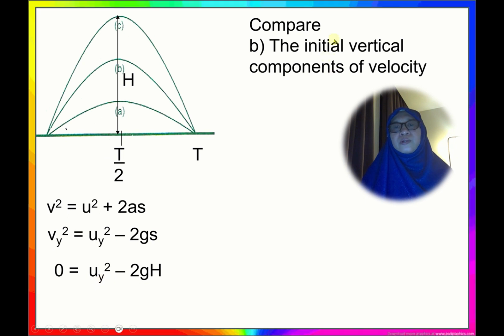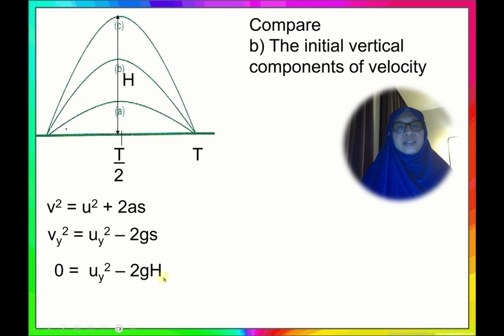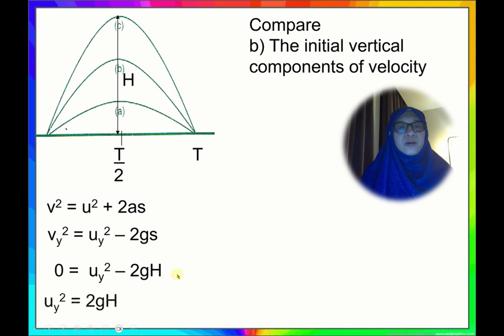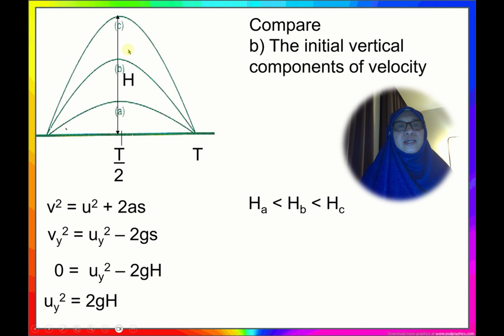This is what we are going to find, the initial vertical component of velocity, which is uy. Minus 2g, and the height reached by the projectile here is h. Then we rearrange the equation, we get uy squared equals 2gh. So compare the h of projectiles A, B, and C.